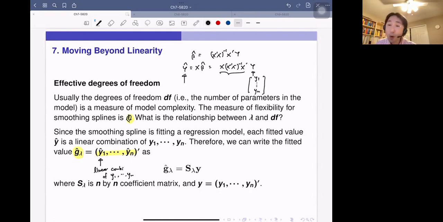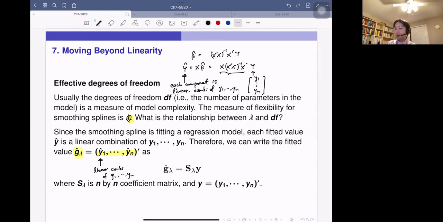So that means each component of y hat is a linear combination of y1 to yn.